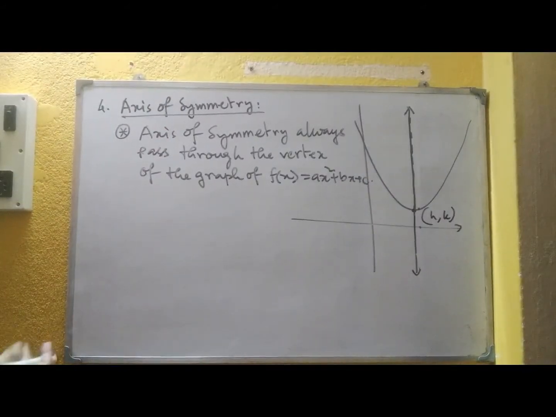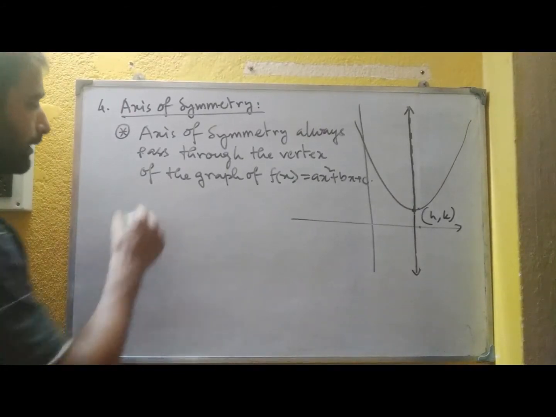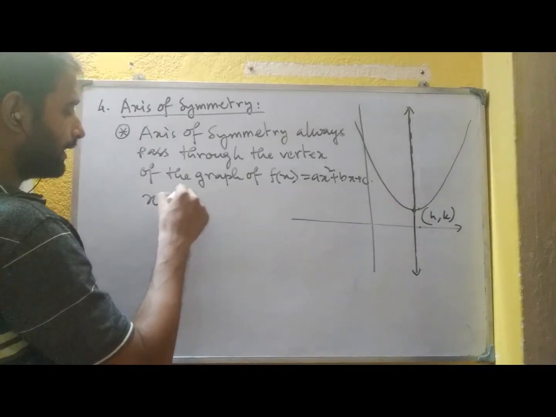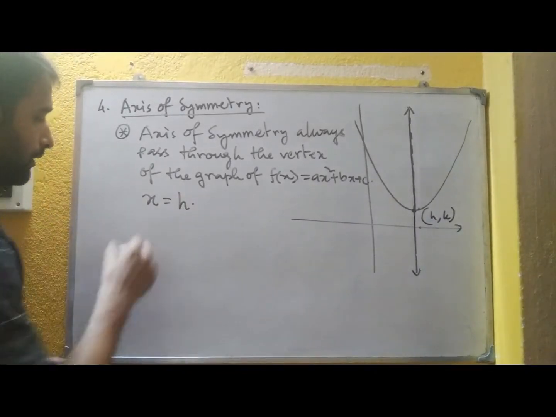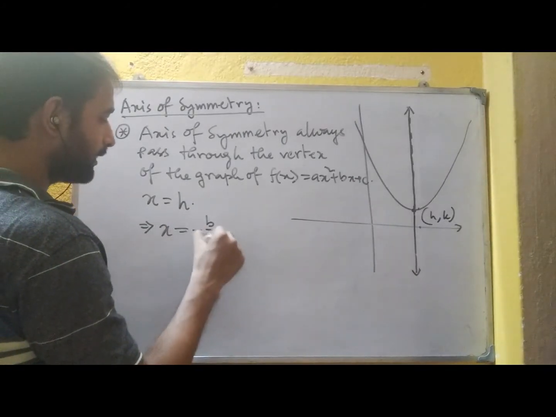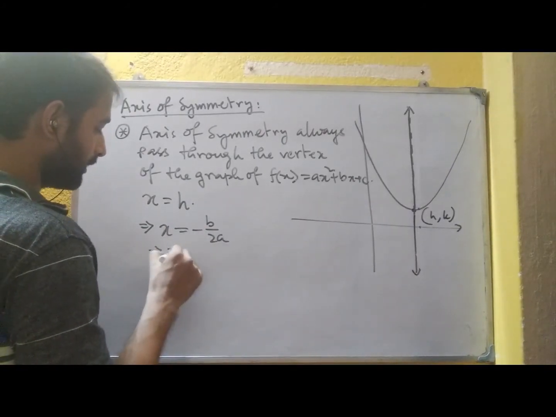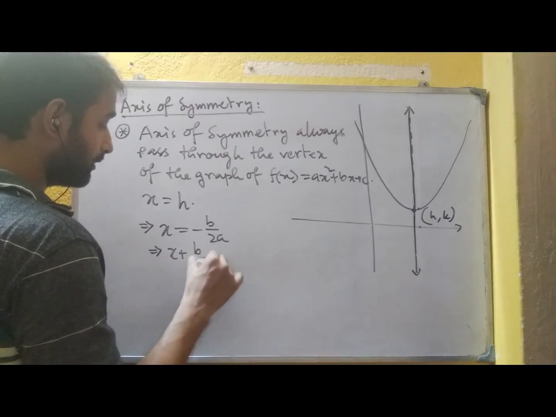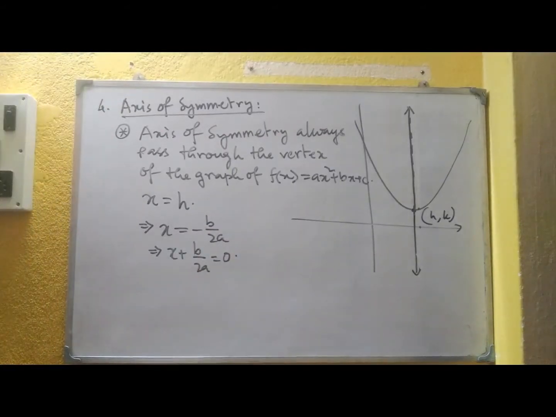So if it is a line which is passing through the point (h, k) and it is parallel to the y-axis, then it will be nothing but the line x equals h. So putting the value of h, you can say it is x equals minus b by 2a. That means x plus b by 2a equals 0.